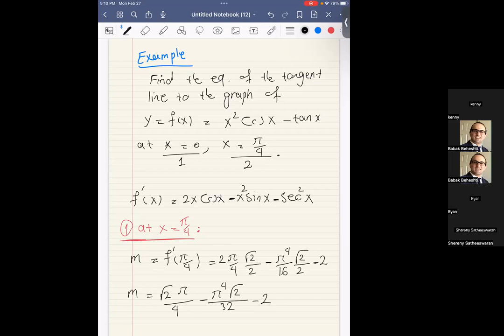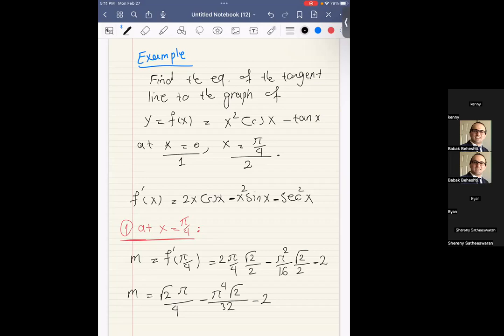I have a question. Yes. How did you get negative pi over 16 to the power of 4? Sorry, pi squared, not pi. Because if x equal pi over 4, x square is pi square over 16. Oh, yeah. And the power is 2, not 4, sorry.